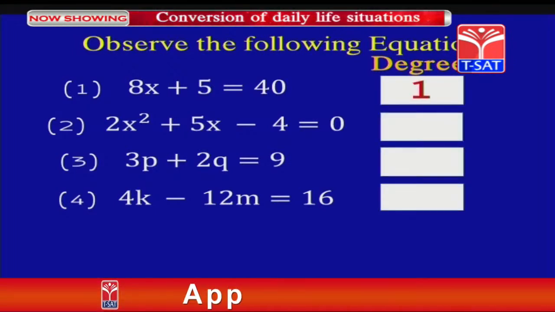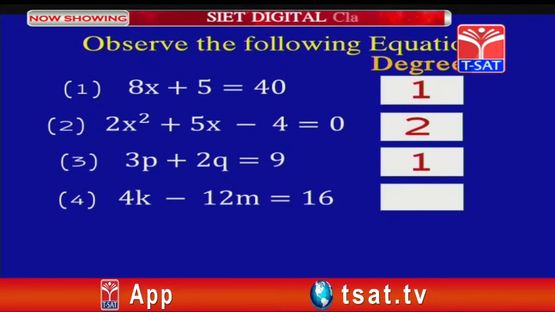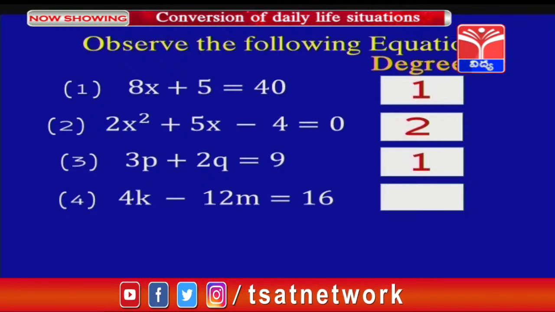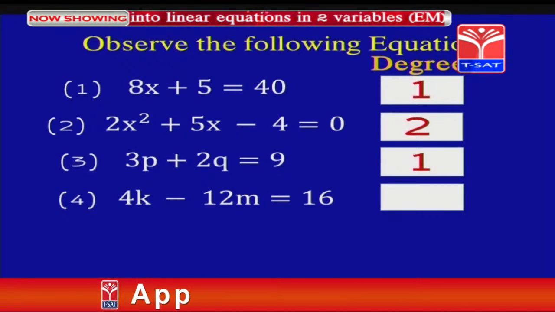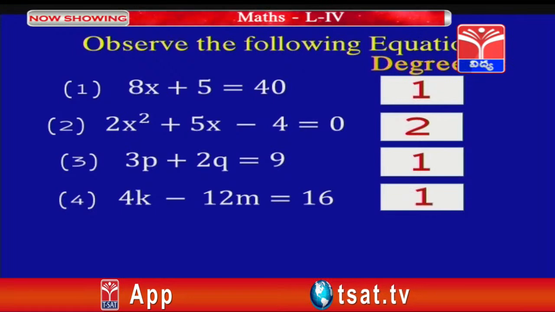First one is a first degree equation and this one is a second degree equation. It is also a first degree equation. Observe the equation. Here there are two variables, but the highest power of the variable is 1 only, because p power 1 or q power 1. That is why the degree is 1 only. Fourth equation also contains degree 1.